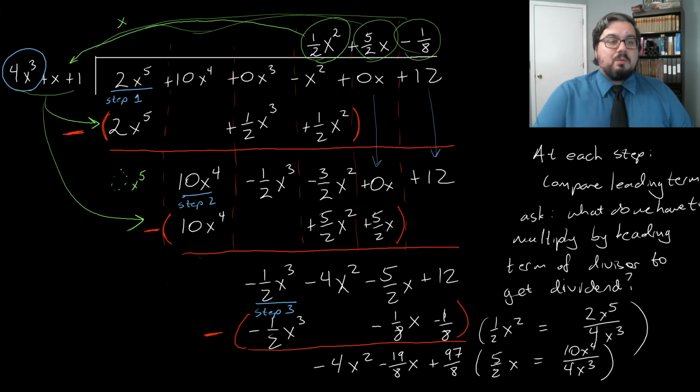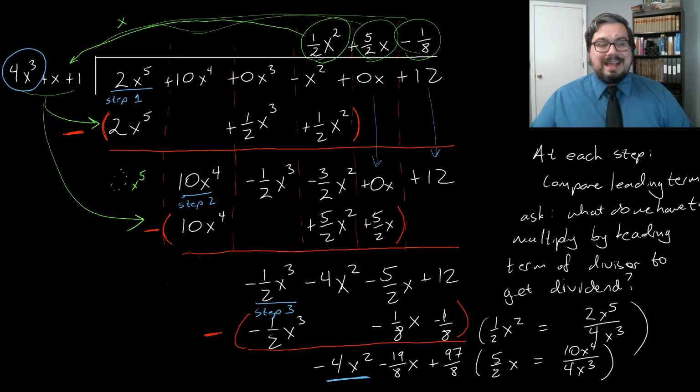All right, so now we would say, can we do any more? We've got this term negative 4x squared, and we ask, is there anything we can multiply by the 4x cubed of our divisor in order to get to negative 4x squared? And the answer is no, not while sticking with polynomials, which is what we want to do.